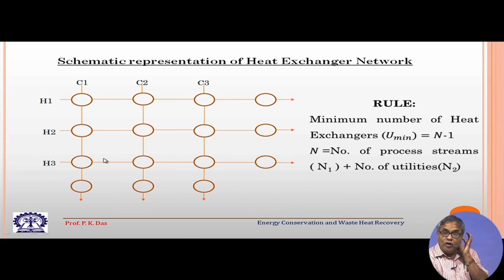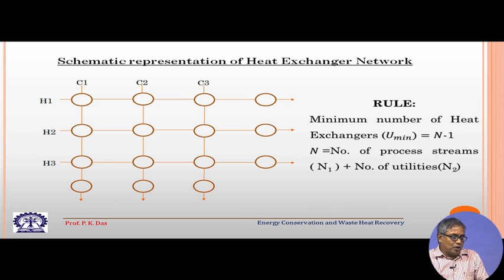This is true for the hot streams also. While a particular hot stream will achieve the target temperature, intermediately it will reject heat to some cold streams, but ultimately it might need cooling by some cold utilities at the end to reach the target temperature precisely.